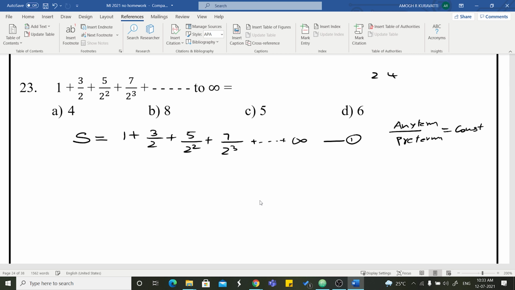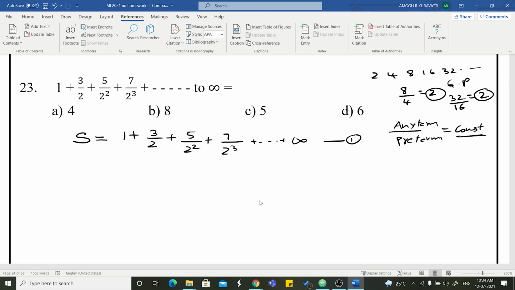For example, 2, 4, 8, 16, 32 and so on is in GP, because any term, say 8, divided by the previous number 4 is 2. Another number, 32 divided by the previous number 16, is 2. This is constant.